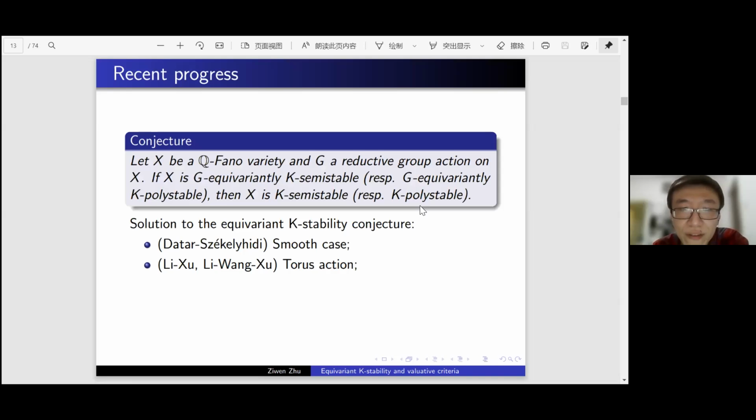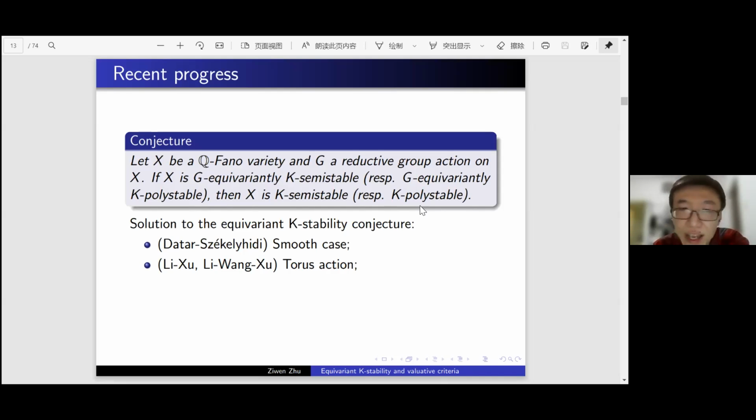And then we have the solution for the torus action. If the group we consider in the question is a torus action, originally in Li Shi's paper, they proved the K-semistable case. And then in Li Wangshu's paper, they showed this conjecture for the polystable case as well.